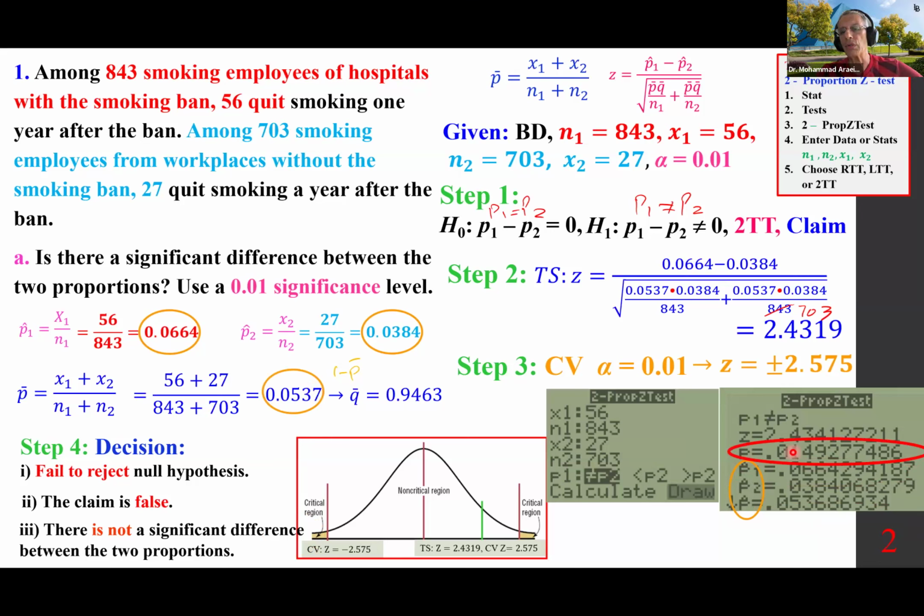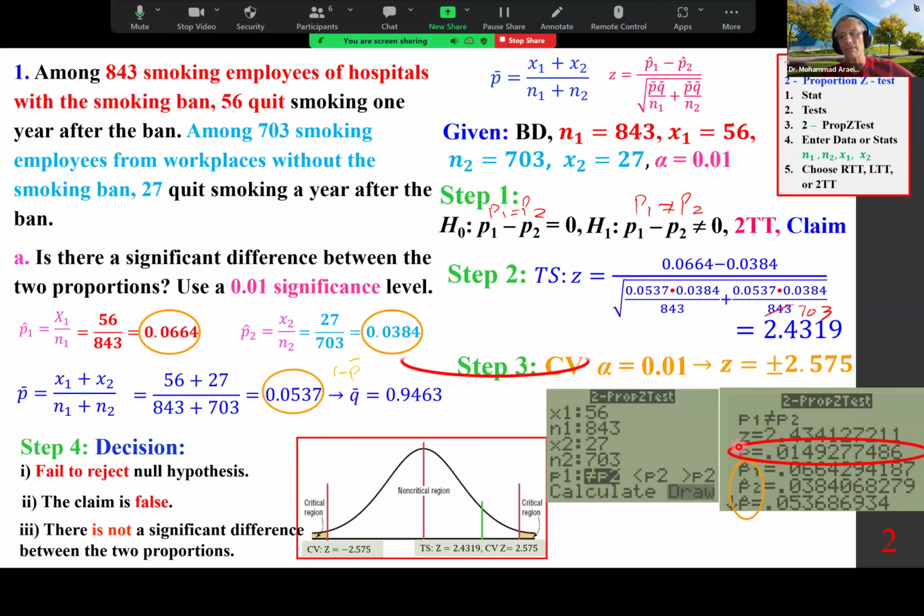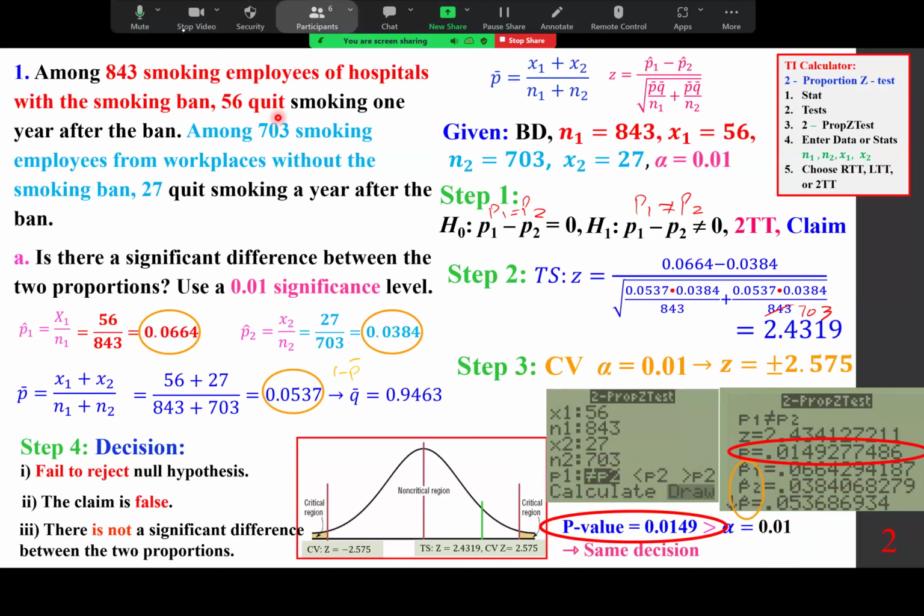You notice this number. This is the P value, which is 0.01492, and way larger than the choice of alpha of 0.01, and we fail to reject the null hypothesis. So we have the same decision as expected.